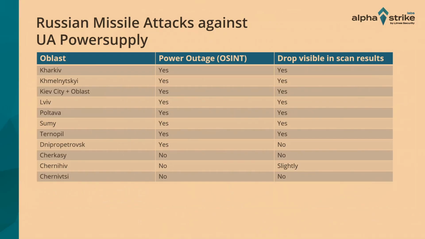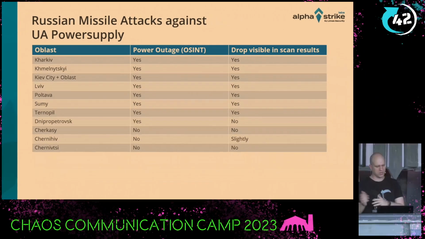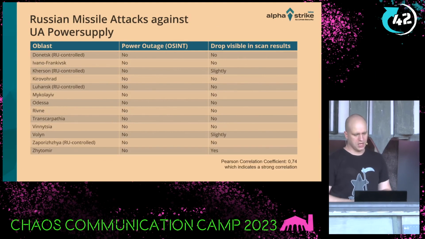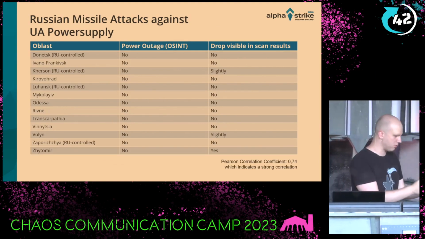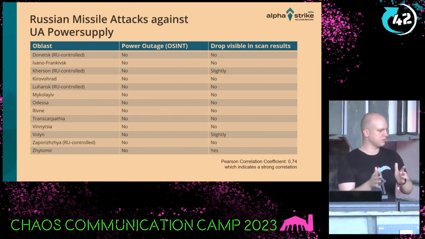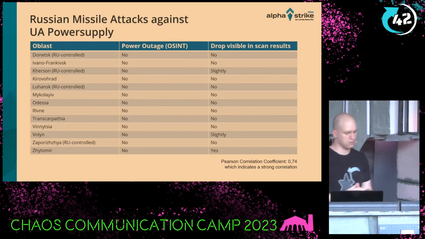So here we have a table which shows us where the power outage has been detected by open source and social media, and what our results are showing. We can see that very often when a power outage is detected, our mechanism, or the algorithm, also detected it.